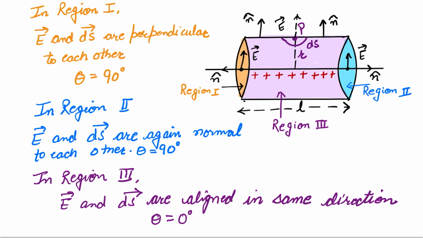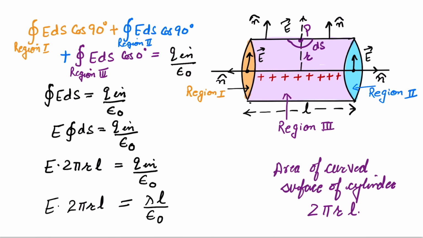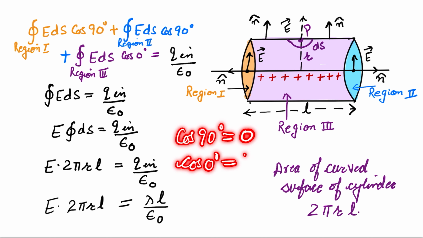So we apply this condition for region 1, this for region 2 and this for region 3 in the equation which we have written here. When we do so, we get cos 90 for region 1, cos 90 for region 2 and cos 0 degrees for region 3. Cos 90 degrees is equal to 0, right? And cos 0 degrees is equal to 1. We put cos 90 as 0, so this term will vanish.